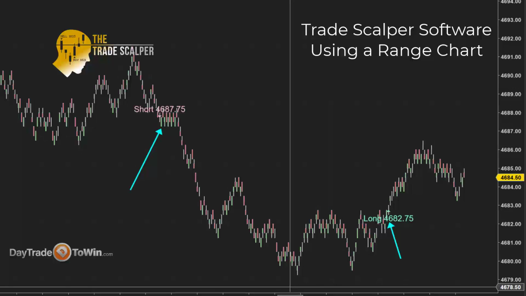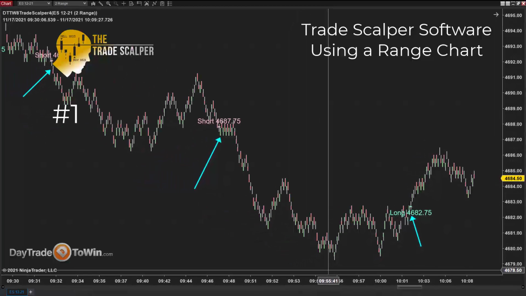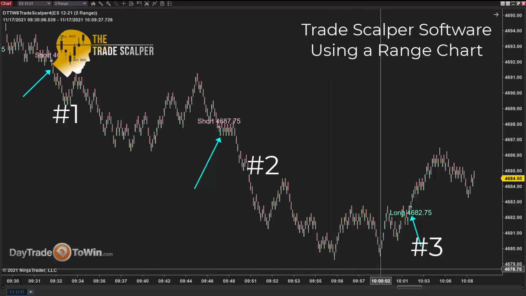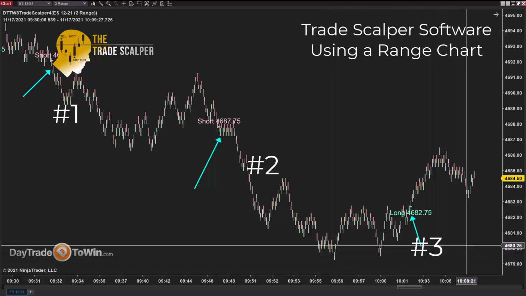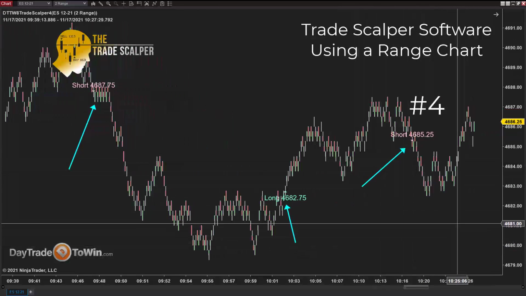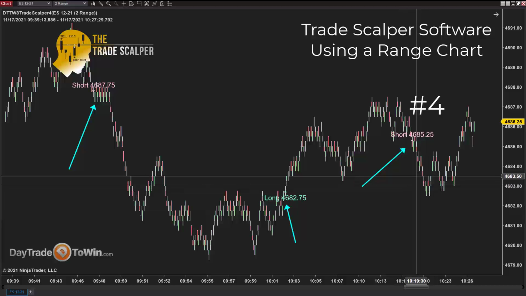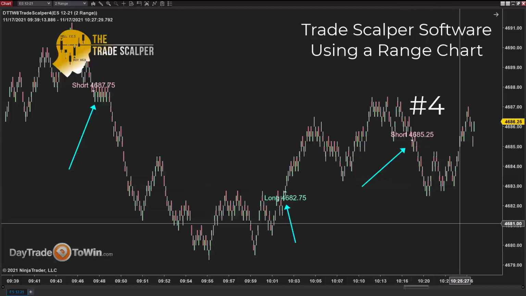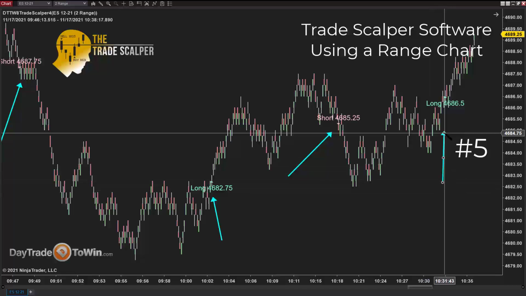If you took just these two trades and stopped, you'd be up for the day and we're finished within the first hour, hour and a half of trading, which is nice.